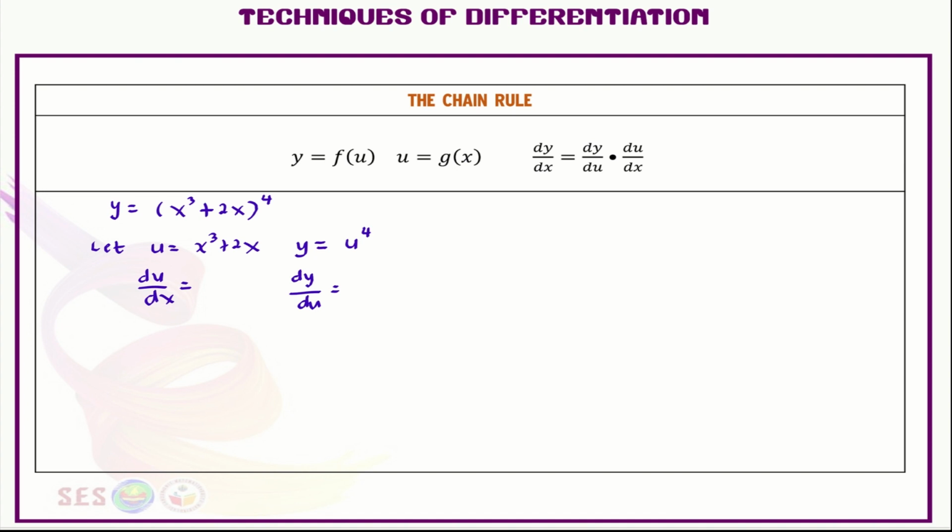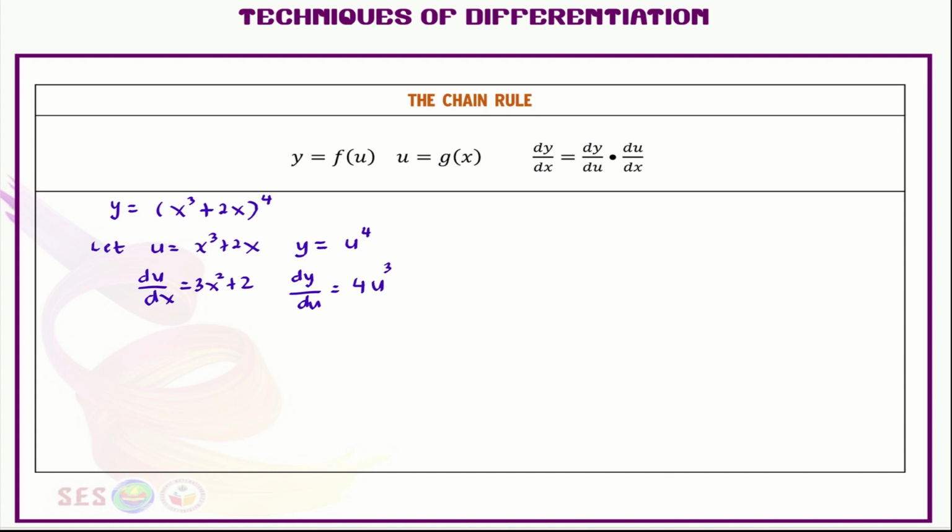So differentiating u should give us 3x squared plus 2, and differentiating y with respect to u, we use the same rule as the power of x: we bring down the power 4, write down the u, and the power is deducted by 1, so we have 4u cubed.